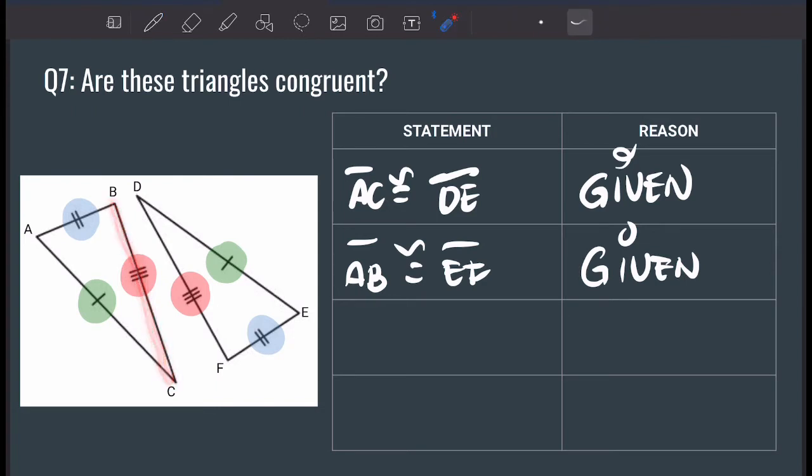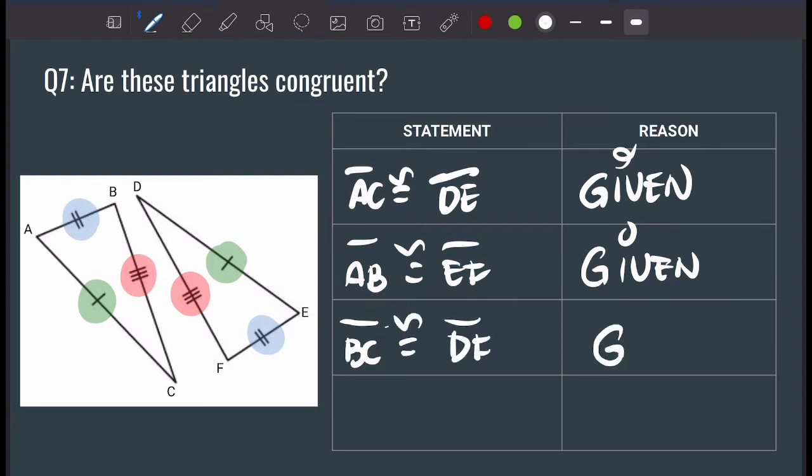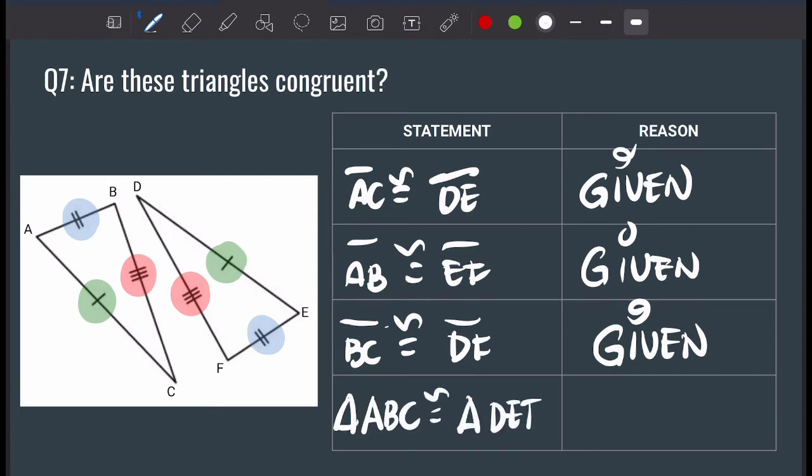Line BC is congruent to line DF. Why? They each have three strokes. So line BC is congruent to line DF. And the reason is it's given already. Okay? So is triangle ABC congruent to triangle DEF?